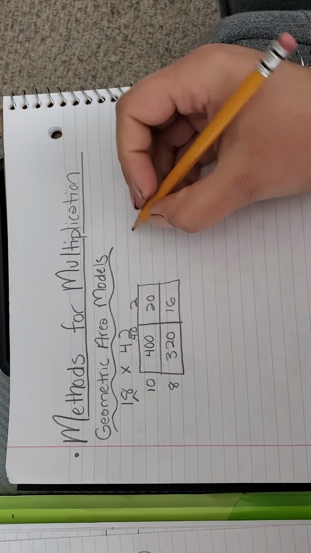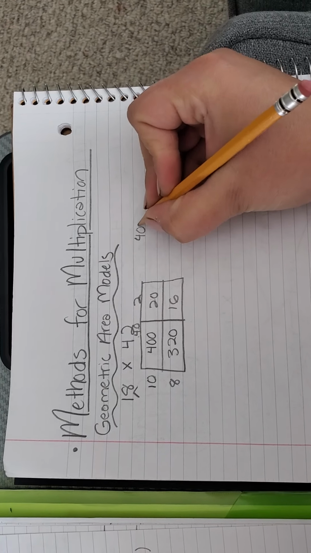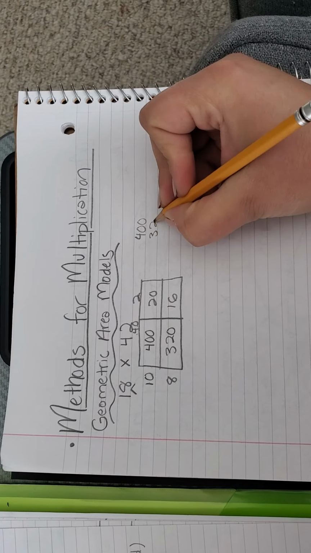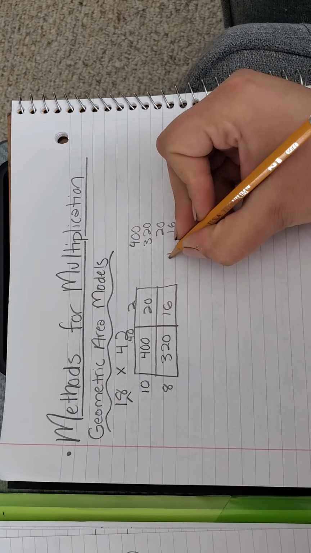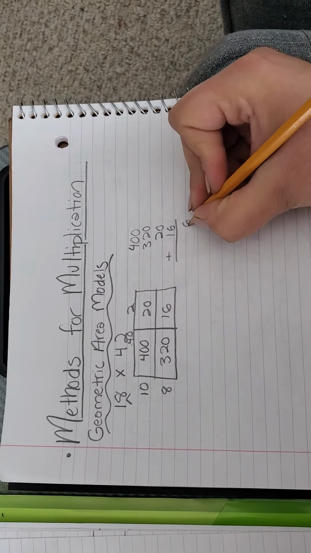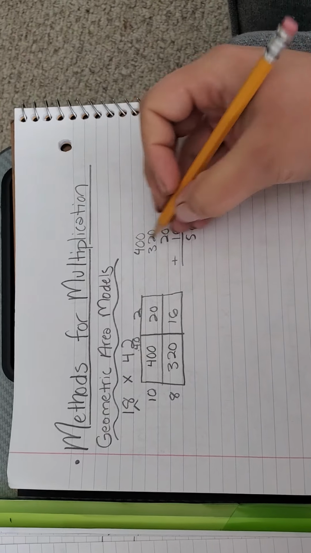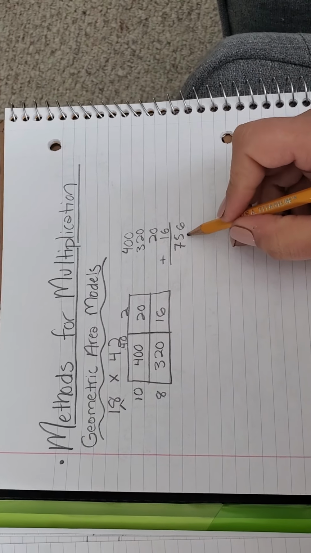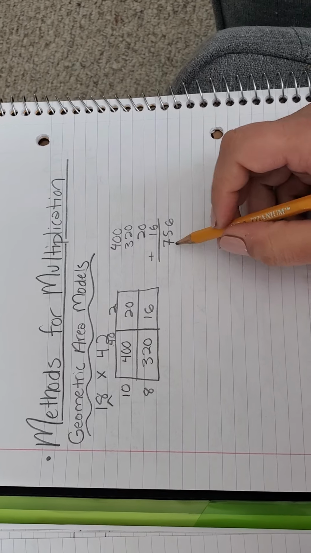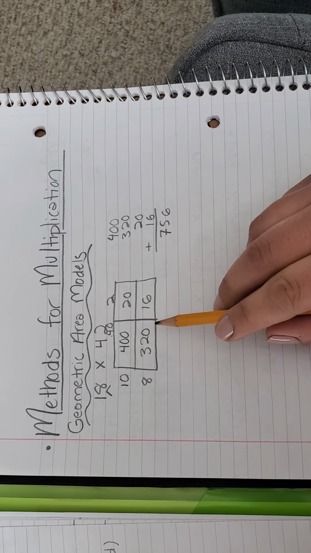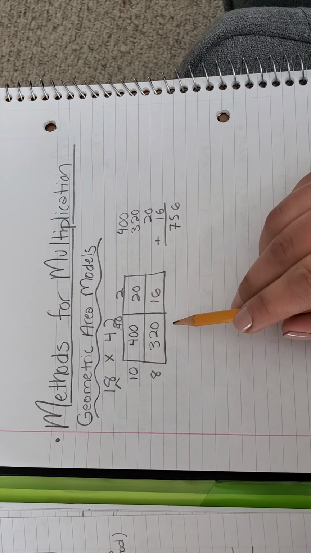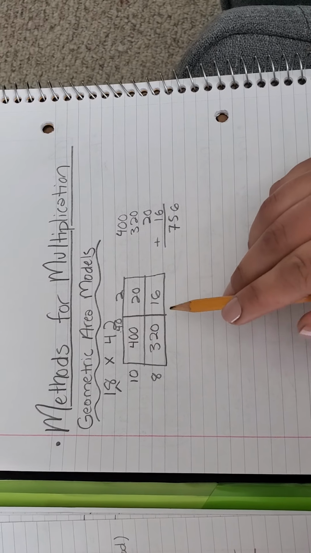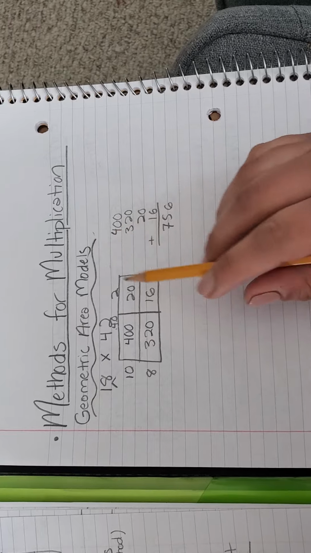And from here, we would just add these up along the side here to get our answer of 756. So this is just one model, the geometric area model for method for multiplication, I should say.